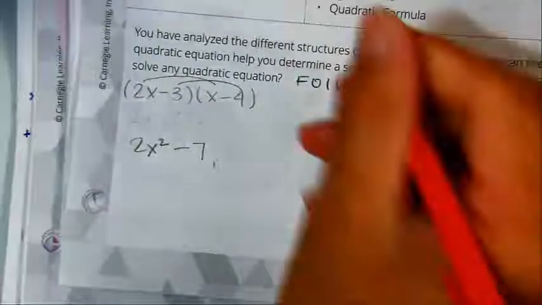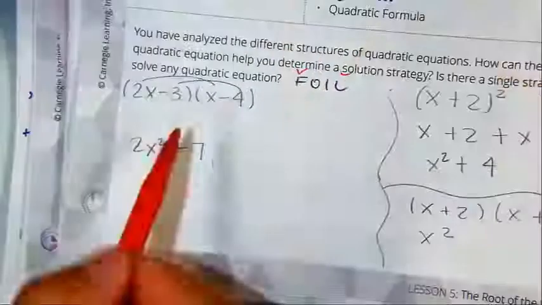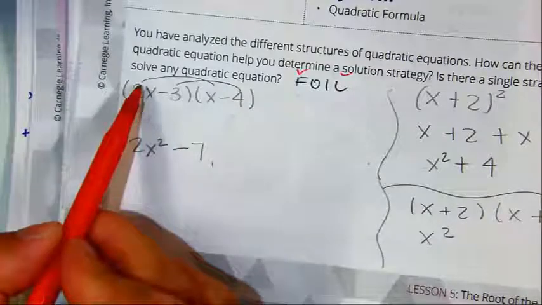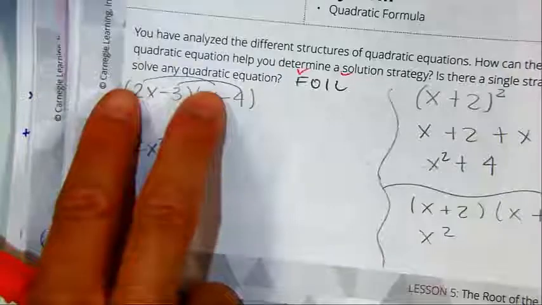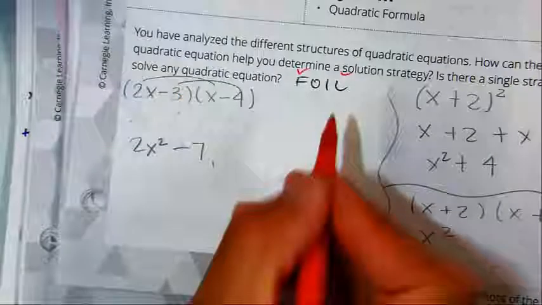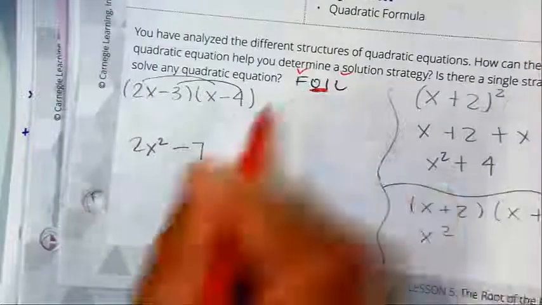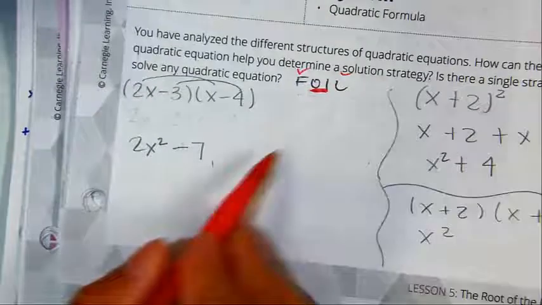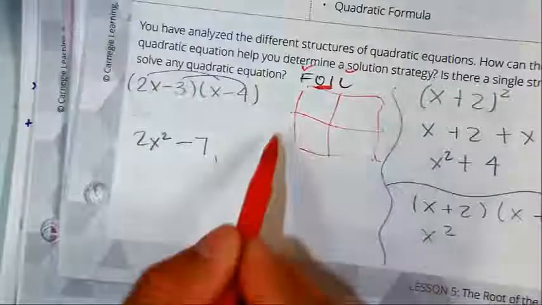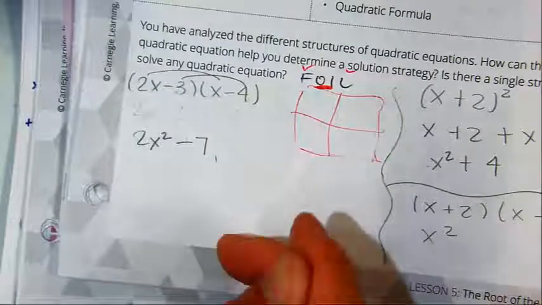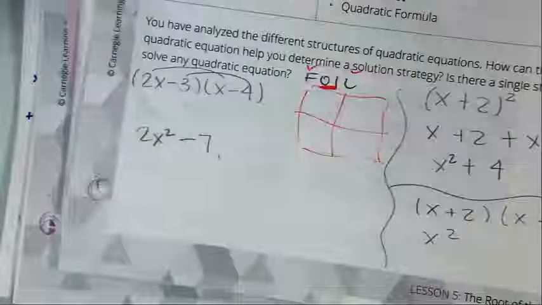You are correct. The student was trying to use FOIL, and they only multiplied the first two, so 2x times x, and then negative 3 times negative 4. They're missing these two, and that's the reason why maybe the box, which they actually had and they erased, might be a good visual that you should actually produce 4 terms. Okay? Alright. Good job, Brendan.